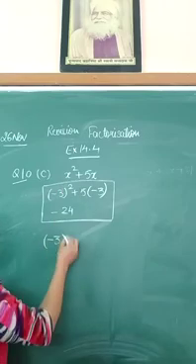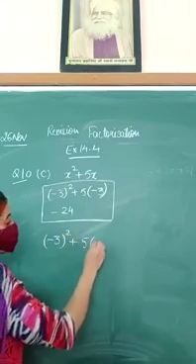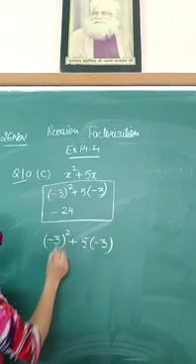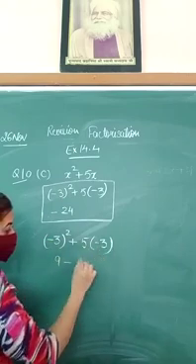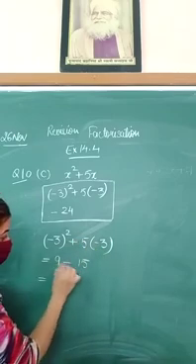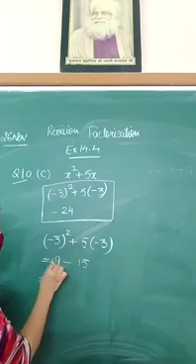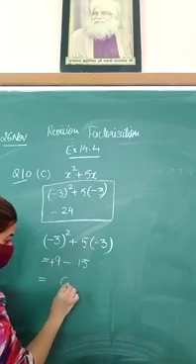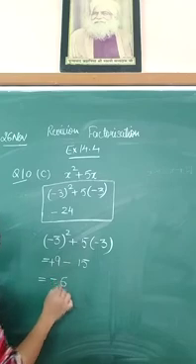When we substitute minus 3 here at the place of x and solve it, minus will become plus, 3 square is 9, 3 5s are 15, plus minus minus. Now as you can see that 9 is having a plus sign before it. After subtracting you will get 6 and the sign will be of the greatest.